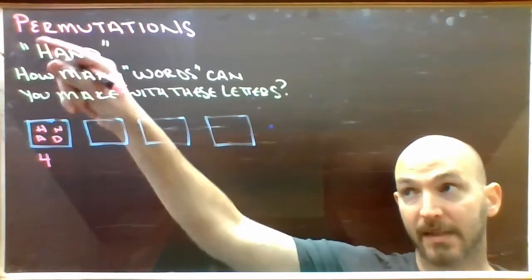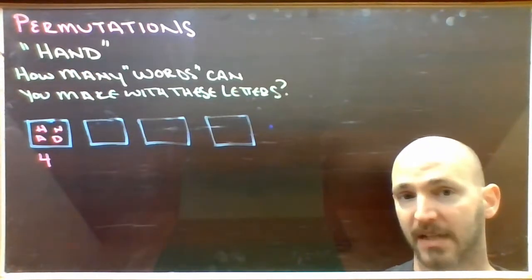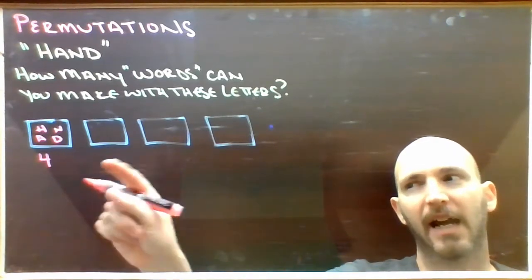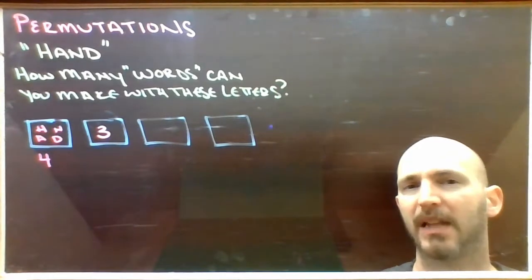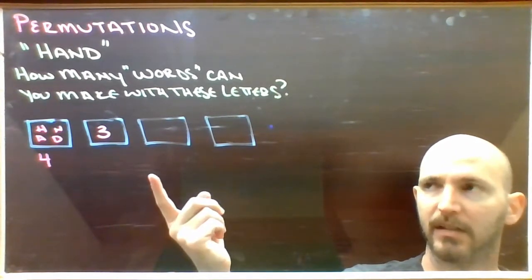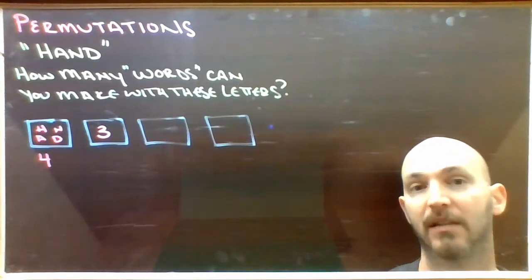So in this example here, once I select H as my first one, I can't have H as my second letter. It's already been picked. Which means that I have 1 fewer option here. There's only 3 left to choose from. So if you pick the H as your first letter, then only the A, the N, and the D are left to be the second one in your word.